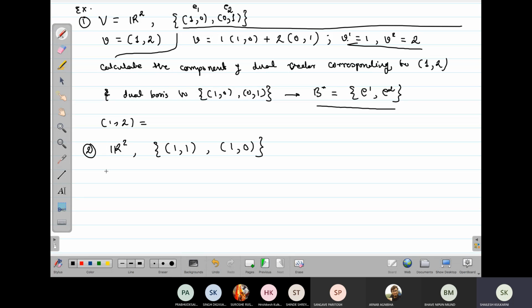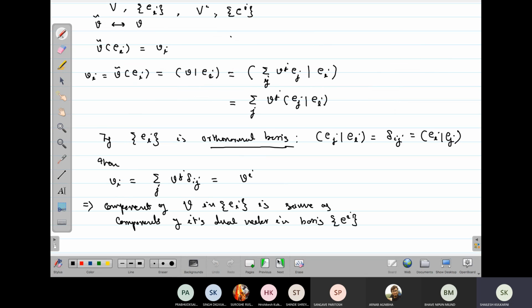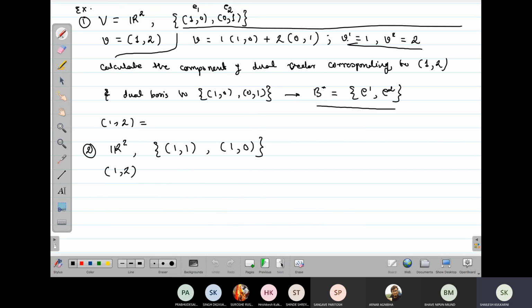You can again consider the same vector, find the components, then consider the corresponding dual vector, use the previous result, and find the components of the dual vector. Show that this time the components are different, completely different.